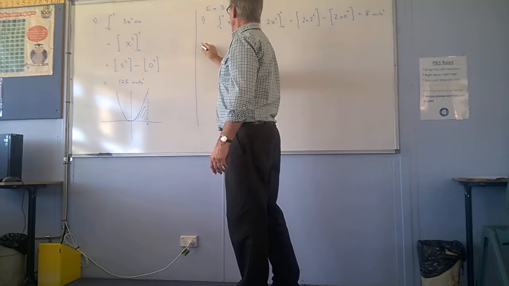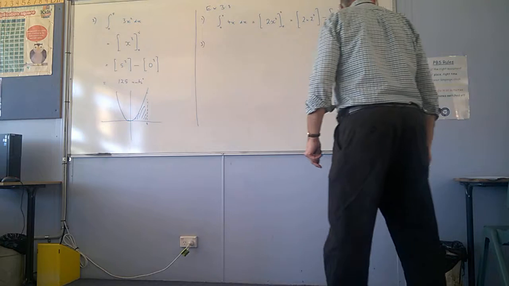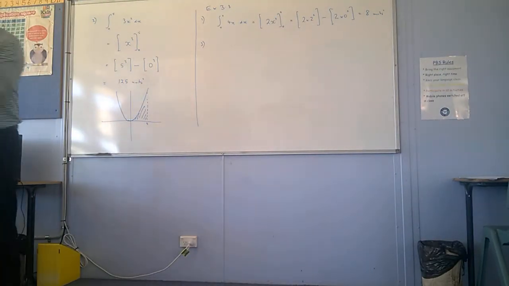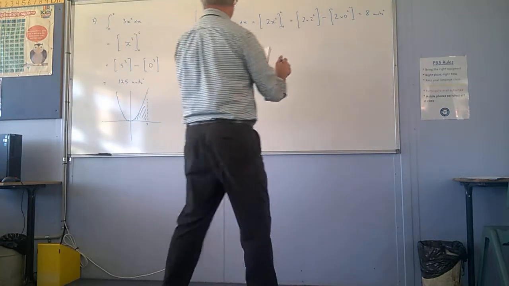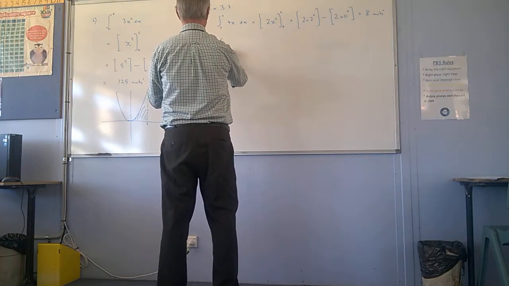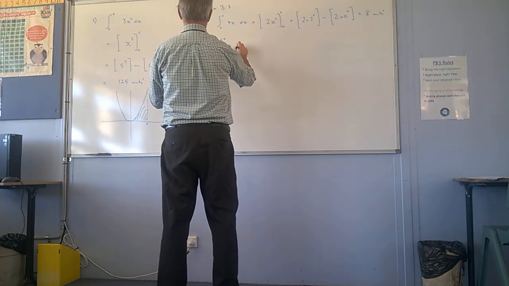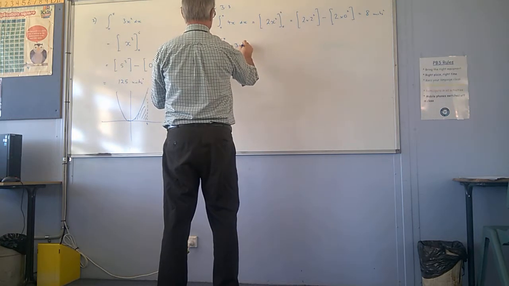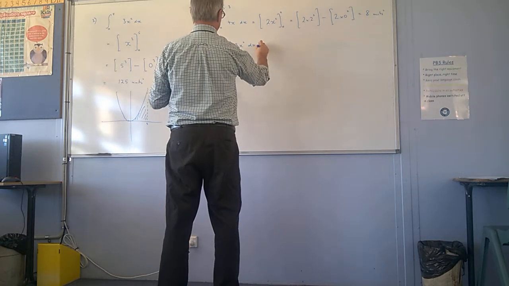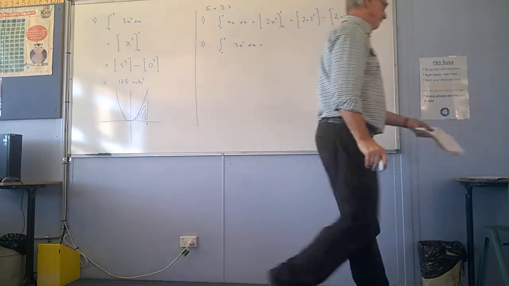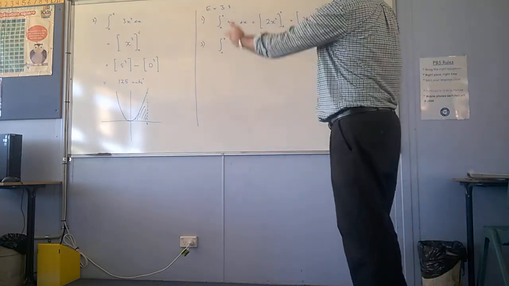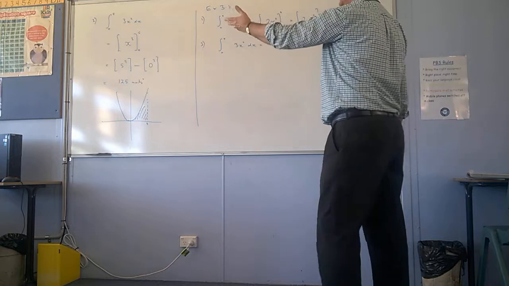Let's do question 3, just because. Question 3 is the integral from 0 to 5 of 3x squared dx. Now I've done that in the example. Let's do something else.